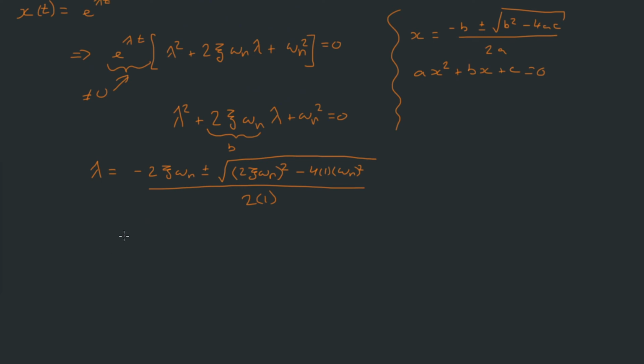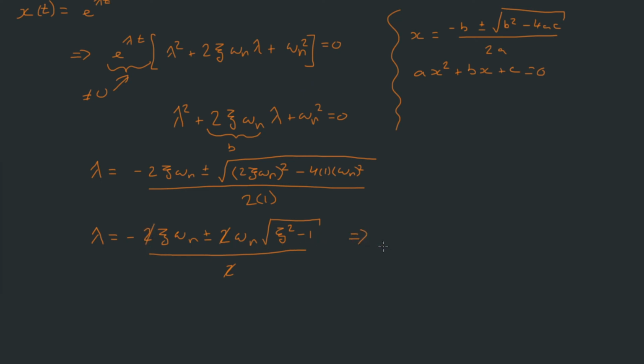We're just going to simplify this down. If you bring the square in here, you're going to get 4, and then you've got a common factor of 4 under the square root, so you can bring the 2 out. Similarly, you've got omega n squared and then omega n squared, so you can bring out an omega n term. All you're left with under the square root sign is the damping ratio squared minus 1, divided by 2, which means we can cancel out these 2's.